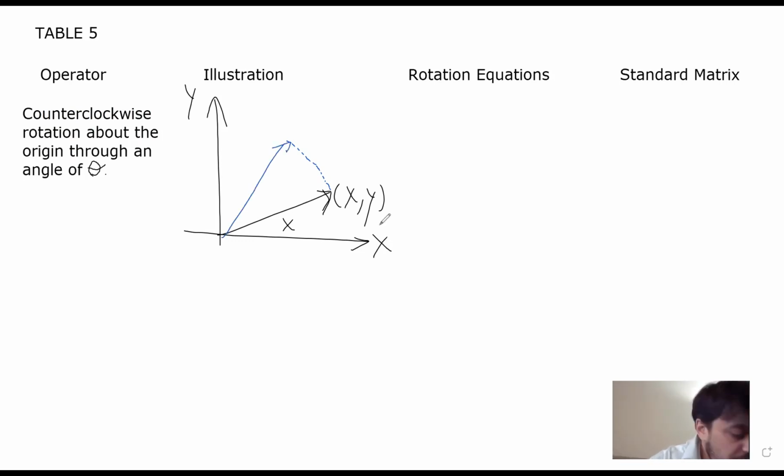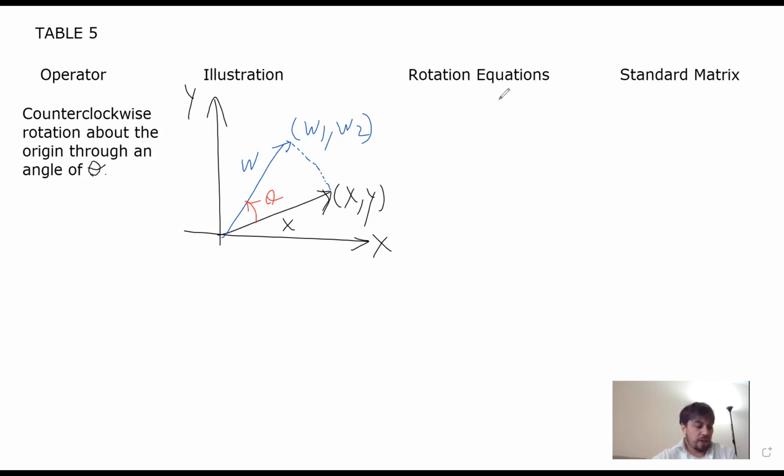And you end up at another vector called w, which is the effect of this transformation with components w1, w2. And the angle of that rotation is theta, in the counterclockwise direction. Okay, so that's an illustration of counterclockwise rotation about the origin through an angle of theta.